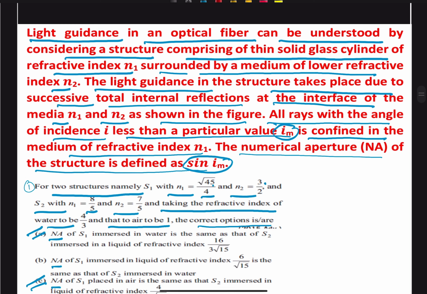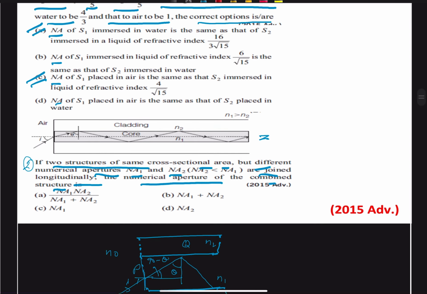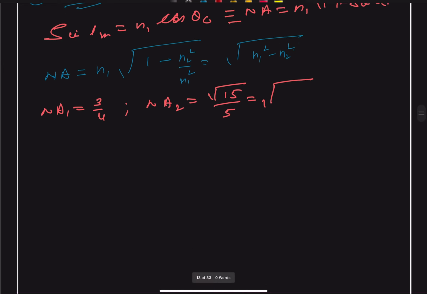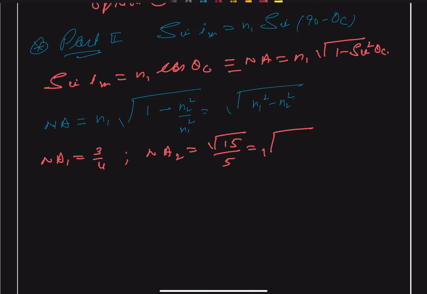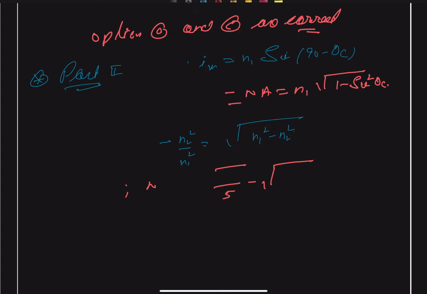So we are given a light guide in an object. Okay, I think I sorted it out.